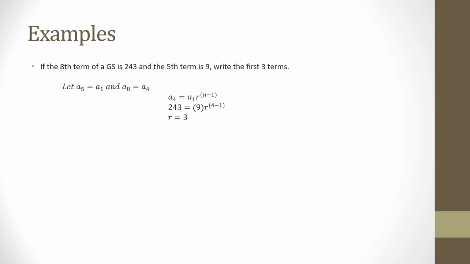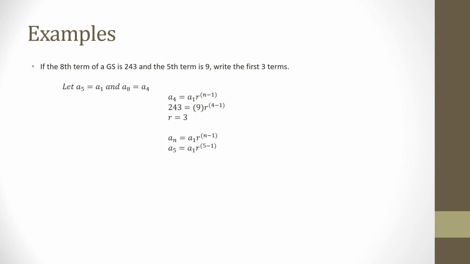So, dahil nakuha na natin ang common ratio, pwede na natin kunin yung first 3 terms. Paano? Gamitin ulit yung formula na a sub n is equal to a sub 1 r raised to n minus 1. Ganun lang. Doon lang tayo iikot lagi. Formula na yan. So, a sub 5 is equal to a sub 1 r raised to 5 minus 1.